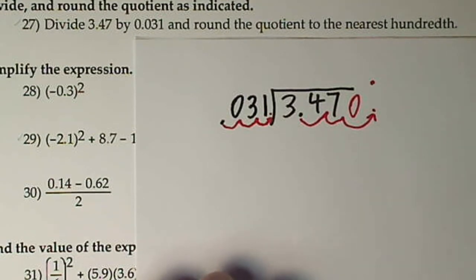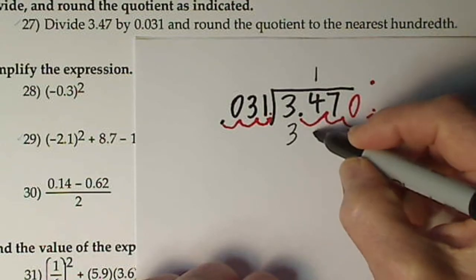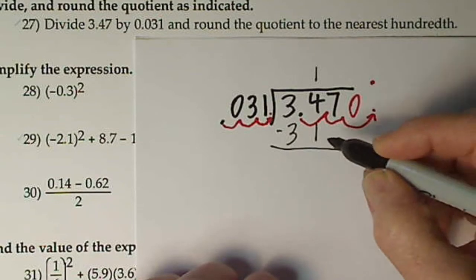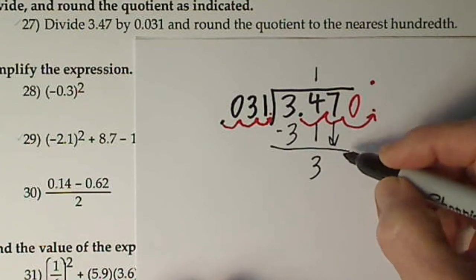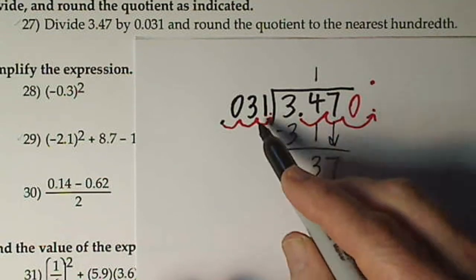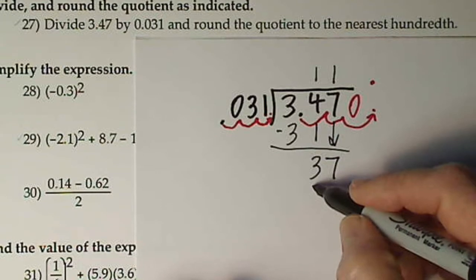All right. So let's see, 31 goes into 34 1 time. 3 left over. Bring down your next digit. 31 goes into 37 1 time.